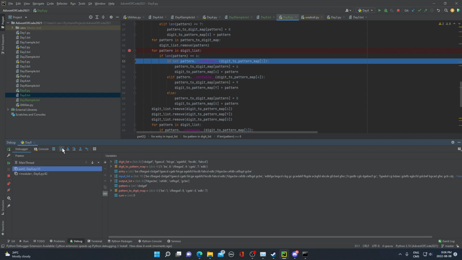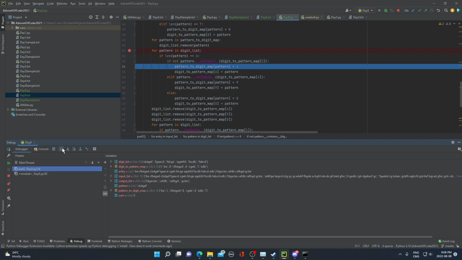Pattern does not contain 1. No. Contains needs to be in order.